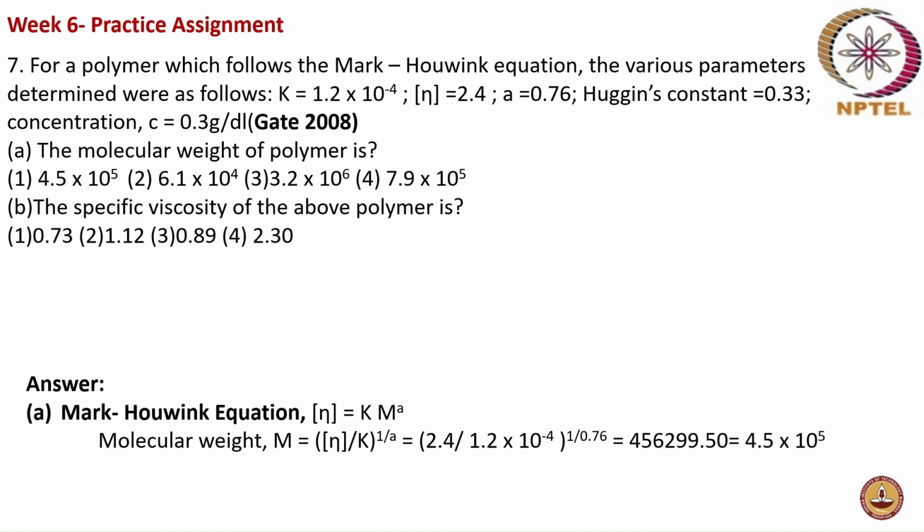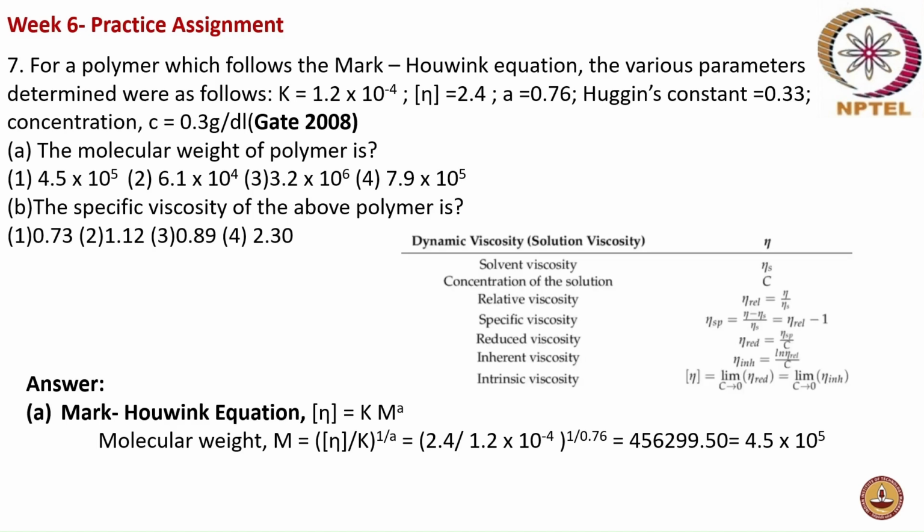Next, they've asked one more part: what is the specific viscosity of the above polymer? To find that, they've given a Huggins constant of 0.33.